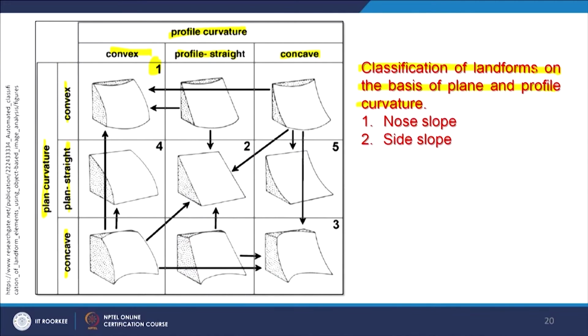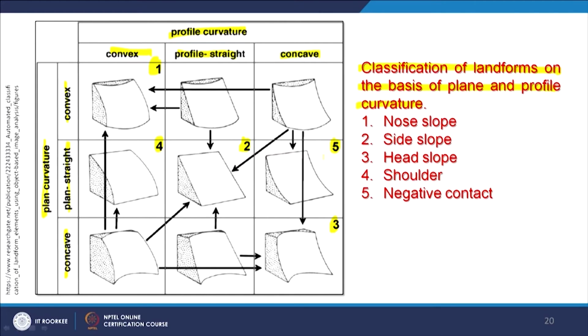So, the first one we call as nose type, just like a human nose. The second type of landform we say side slope, which is this one 2. The third one is the head slope, which is this one, and fourth one is like shoulder. So, you are having a kind of shoulder, and fifth one is negative contact.